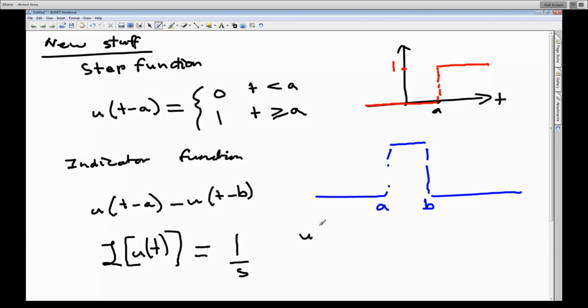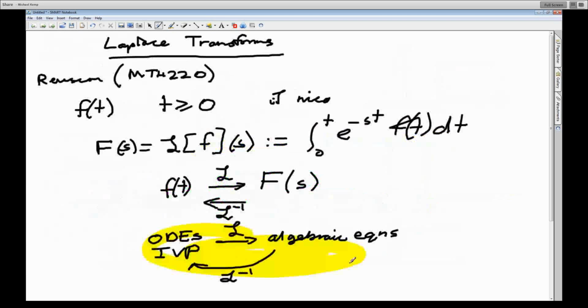Let's think what U of t is. This would be the function which jumps up all of a sudden at 0. Now, when it comes to Laplace transforms, if you think back to the definition, the integral starts at 0.